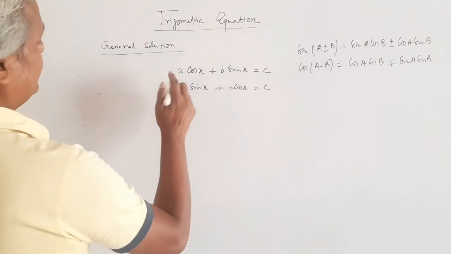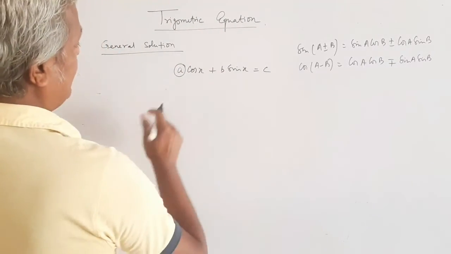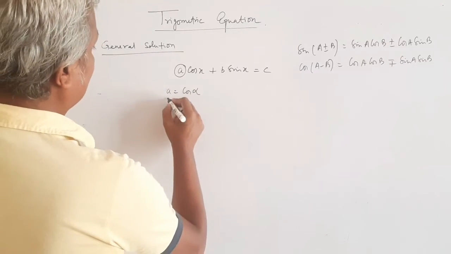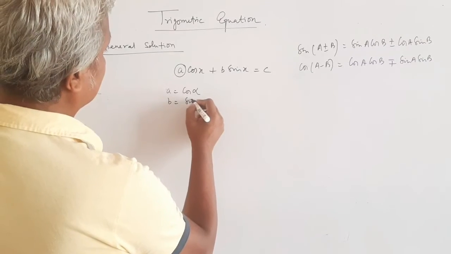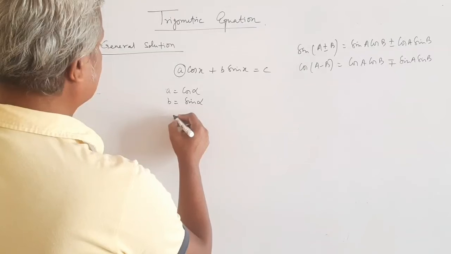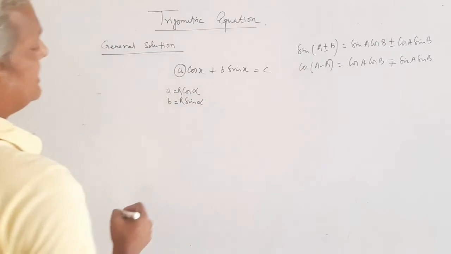So in this expression, if I say that a is r cos alpha and b is r sin alpha, then what does this whole expression become? Suppose I take one more thing, r cos alpha, r sin alpha.